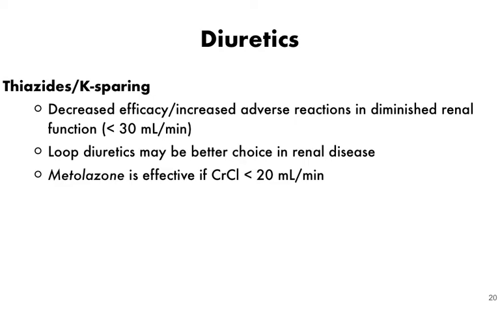However, one particular diuretic, a thiazide diuretic called metolazone, is effective even when creatinine clearance drops to the 20 mL per minute range. Loops could also be a choice in some patients with renal disease because they do have that dual place of mechanism, the loop of Henle and the distal tubules.